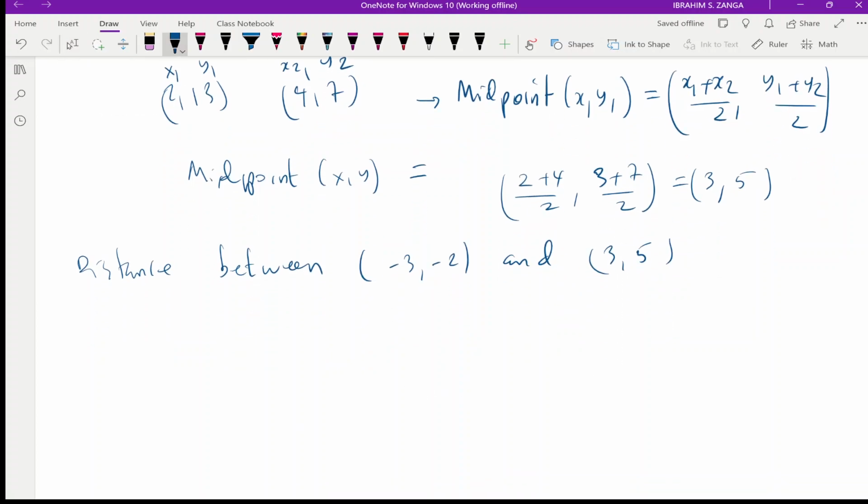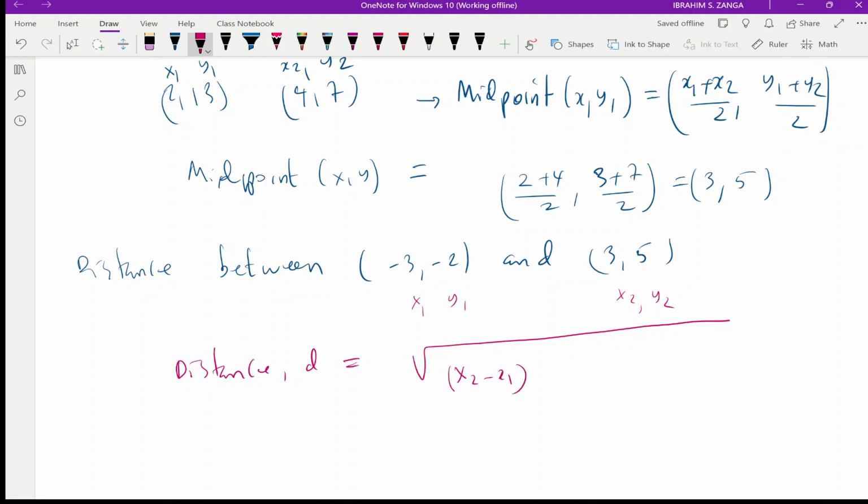Again, when you assume that this is x1, y1, and this is x2, y2, eventually you'll have the distance d taken as the square root of x2 minus x1 squared plus y2 minus y1 squared.